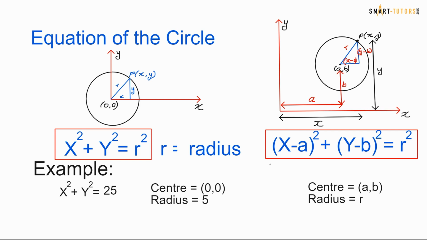You equate x minus a to 0, so you get the x coordinate as a, and y minus b equals 0, so y equals b. So a, b is the center point, and the radius is the same theory, the square root of the number on the right hand side, which is r.